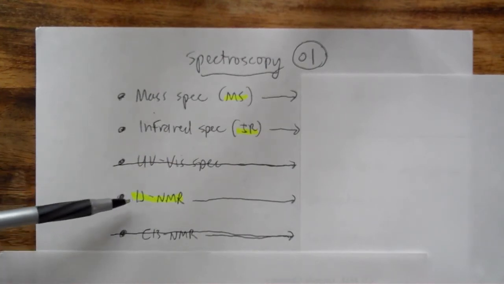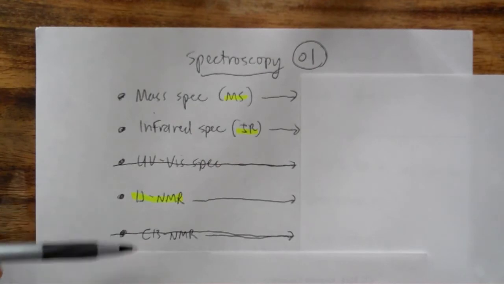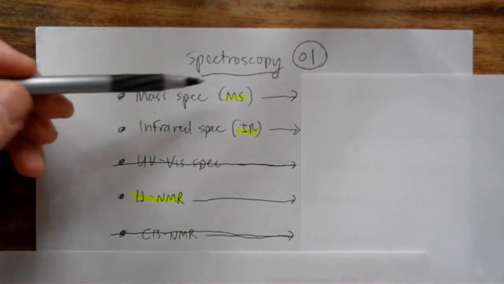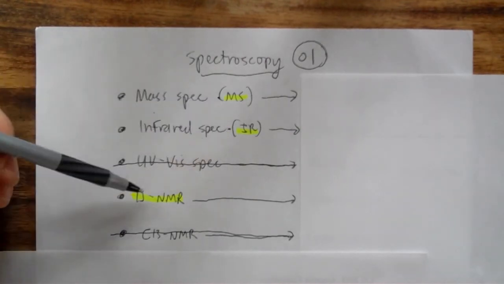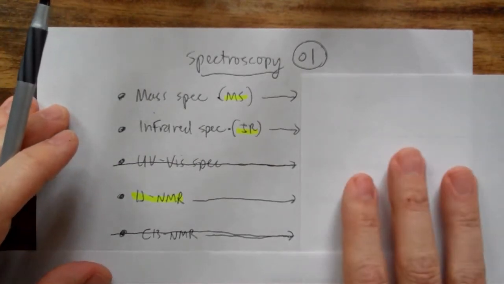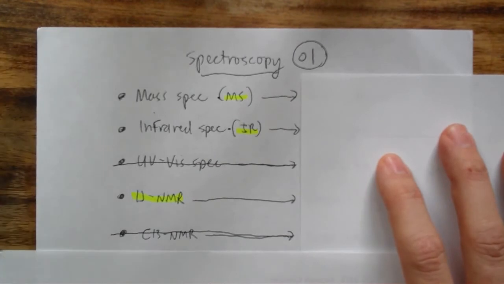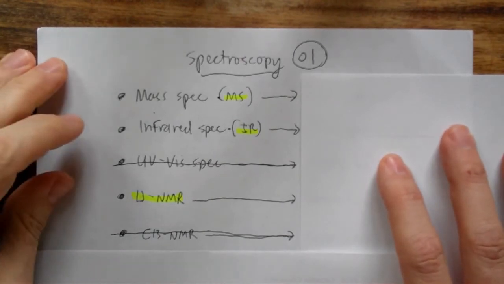If you really understand proton NMR, I'm going to claim carbon-13 NMR is a natural progression from proton NMR. So we're going to really focus in these videos and in my class on mass spec, IR, and proton NMR. These 3. And that's a big relief. It significantly, as you can see, reduces the scope of what we need to cover.